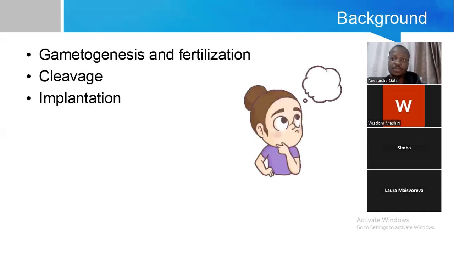Right, so I'll start with a bit of background information. Initially, what happens during development is you're going to have gametogenesis, that is oogenesis and spermatogenesis for the female and the male respectively.